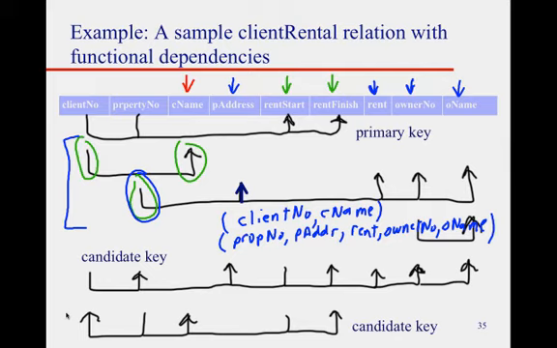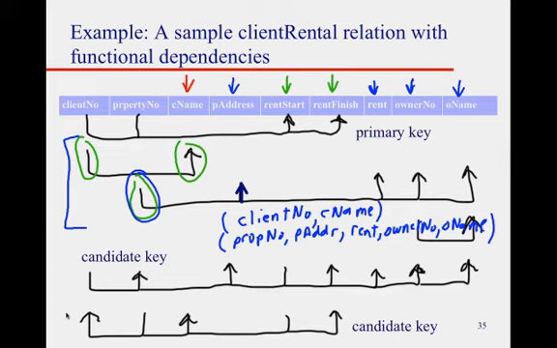So that's step one. Step two is we're going to remove from the original relation all the attributes on the right-hand side of the partial dependency. So the attributes on the left-hand side are going to stay. They're part of the primary key.